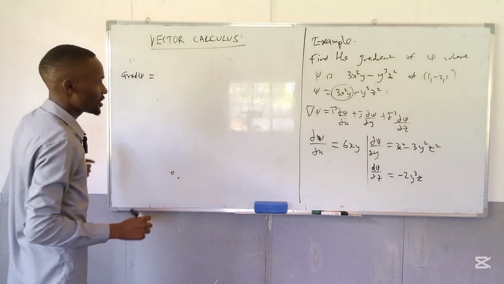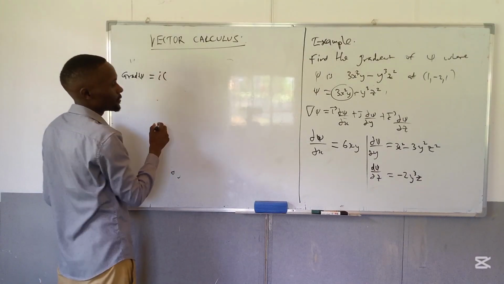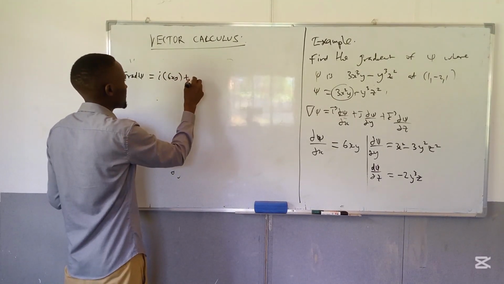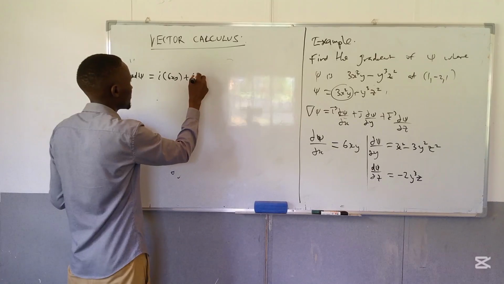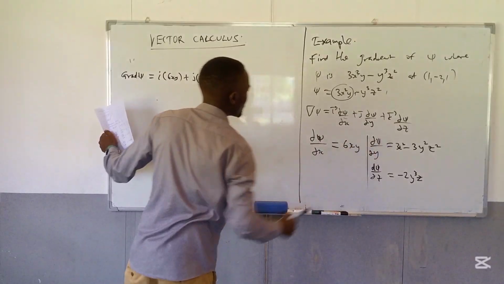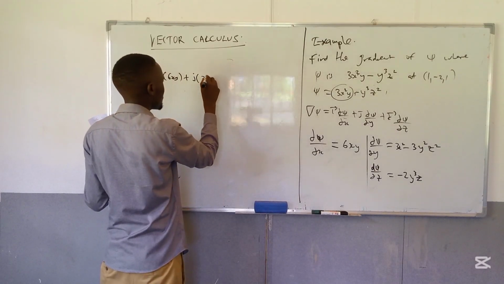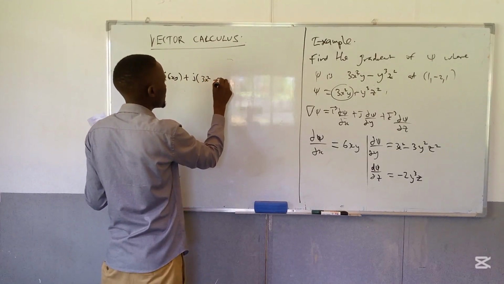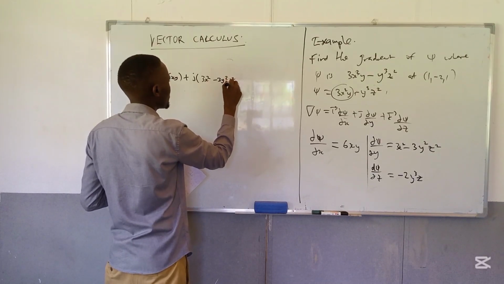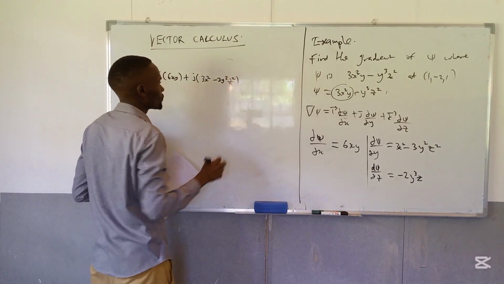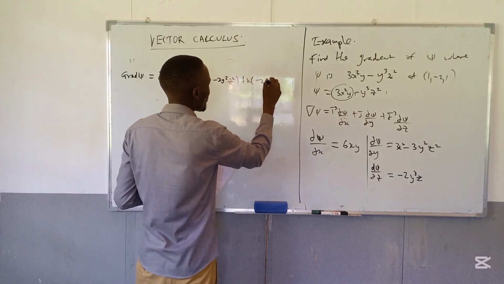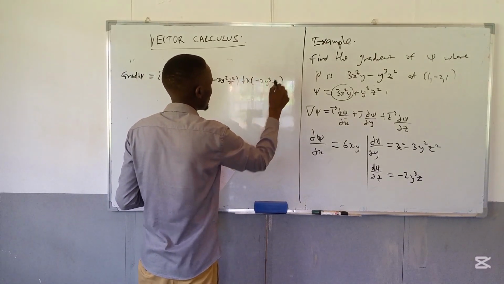That means we shall be having i 6xy plus j, which is 3x squared minus 3y squared z squared, plus k, which is negative 2y cubed z.